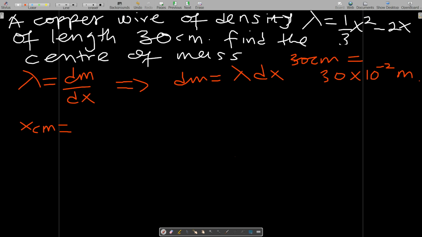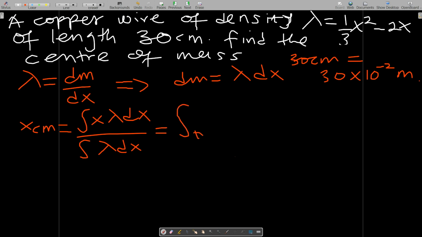So this is the integral of x lambda dx over the integral of lambda dx. And this will be the definite integral from 0 to 0.3.